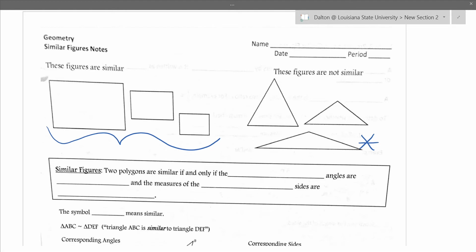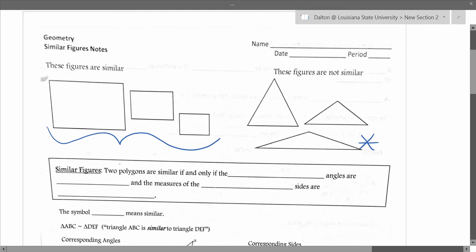So let's go ahead and fill in the definition of similar figures. It says two polygons are similar. Now let's talk about the word polygon for a second. A polygon is simply a shape, with the prefix poly meaning many. So it's a shape with many sides.